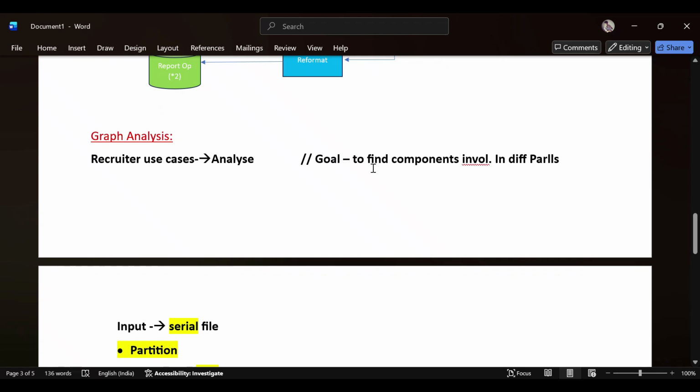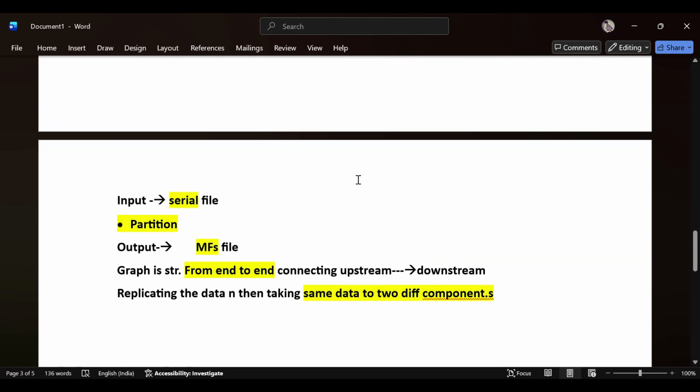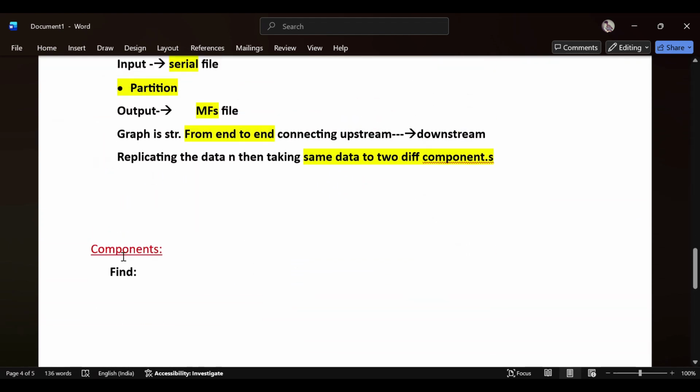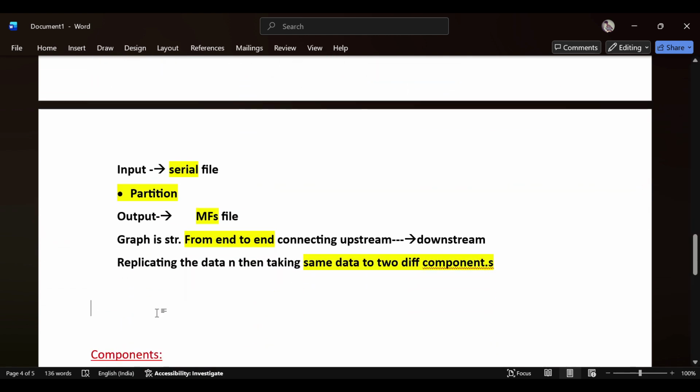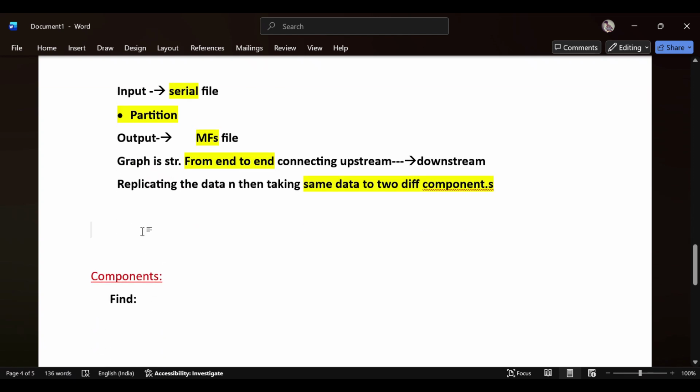So that's the goal, to find the components. What the components are, we'll see at the end. First we analyze the graph, and then we'll see the components straight away, but before that I will tell you the types.